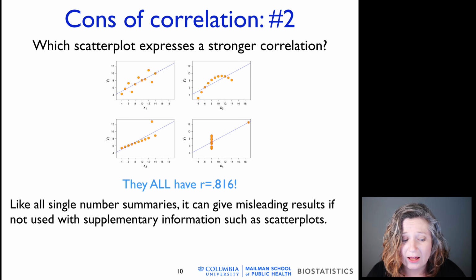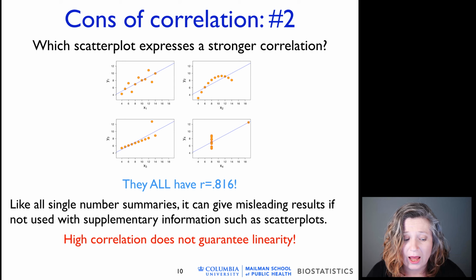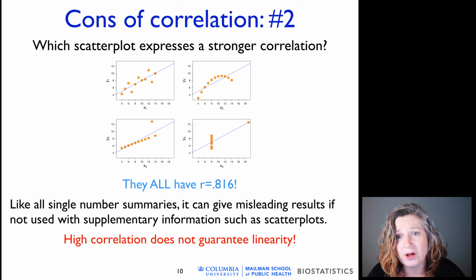So again, the same thing as we said before, like all single number summaries, it can give misleading results if not used with supplementary information such as scatter plots. In this case, it means that if we actually obtain a high correlation number, high correlation does not guarantee linearity.